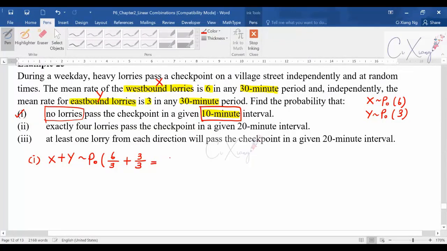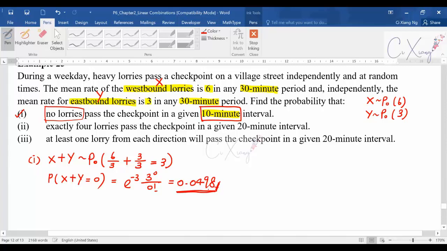So when you add them together, you will get the value 3 for the mean. Then for part number 1, they want you to calculate the probability for no lorries. So you can write X plus Y equals 0. To get the probability, it is e negative lambda, lambda power 0 divided by 0 factorial. Then from here you should get 0.0498.